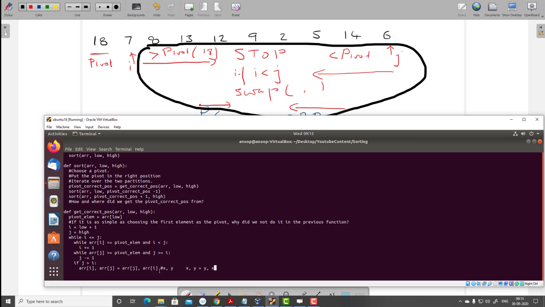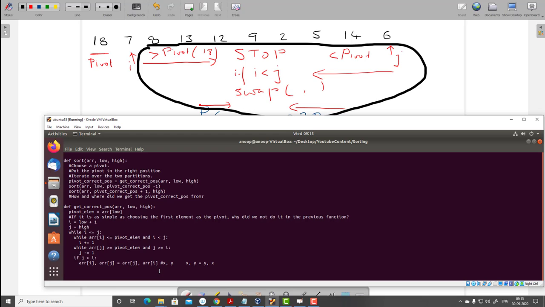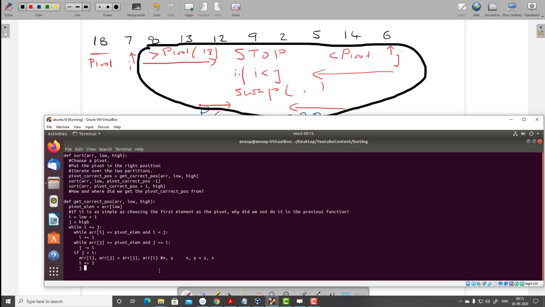Instead of creating a temp variable and going through that in other cases, I really love this one. Okay, so this is where we are. And now, because we have swapped the values, we cannot stop till they have crossed each other, right? So we go with I plus equal to 1 and J, sorry, this is minus equal to 1, right?